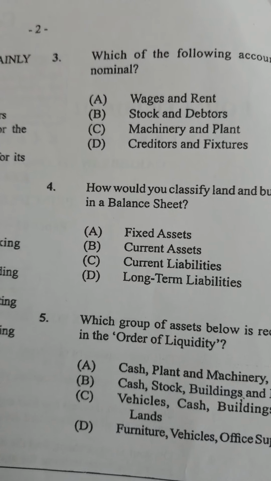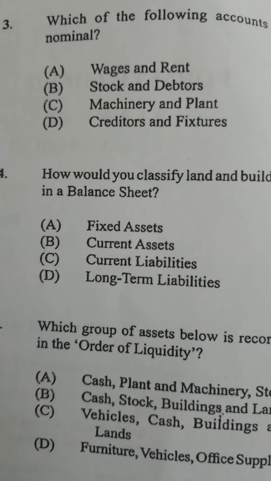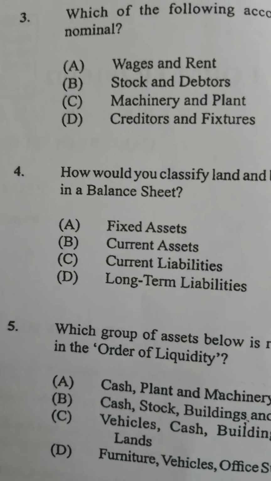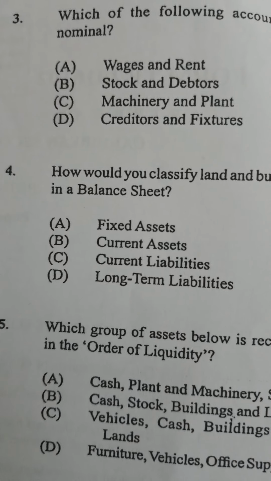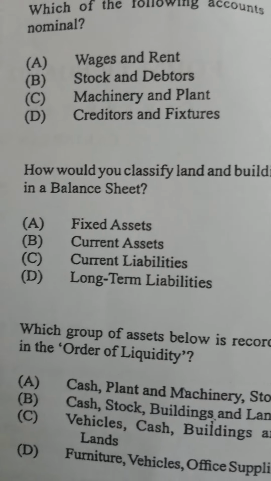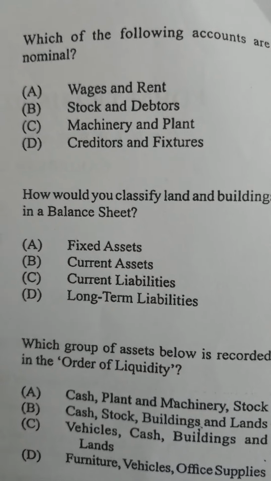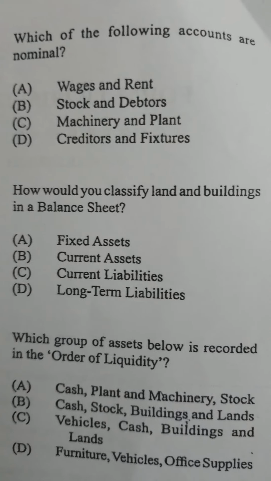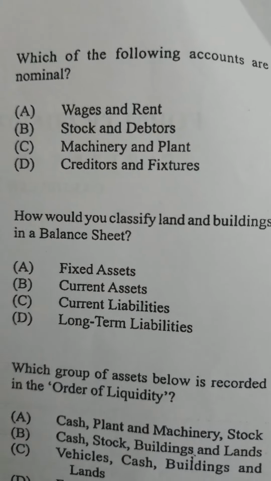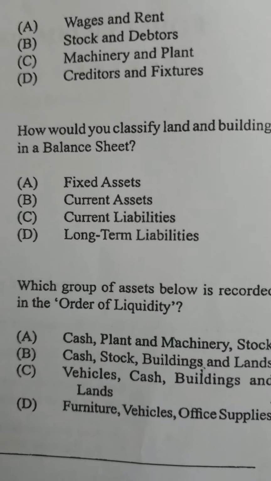So that's what the question is asking. And therefore, for question 3, the best option would be A, wages and rent, because wages and rent are expenses and nominal accounts are dealing with expenses, yes, revenue and capital.